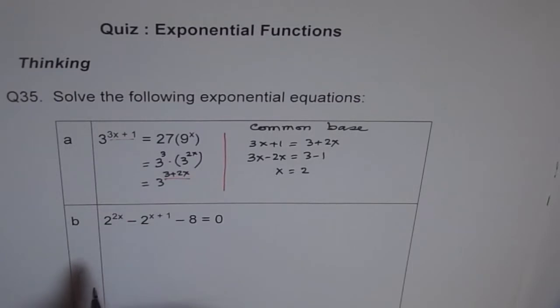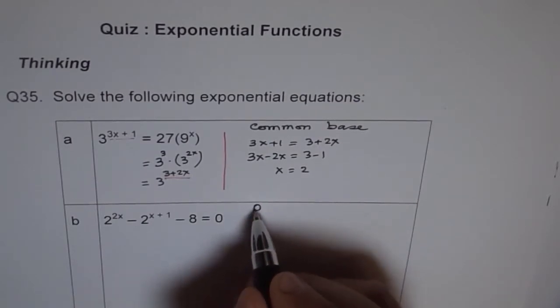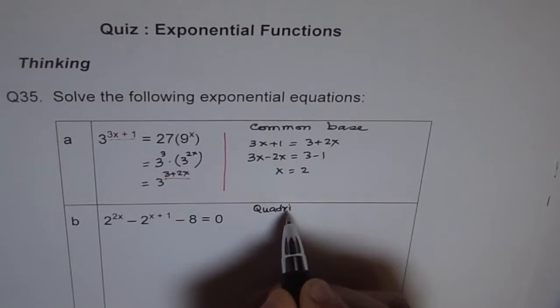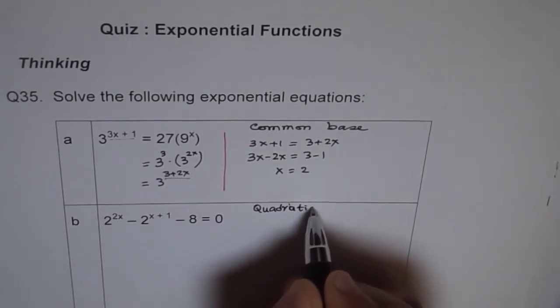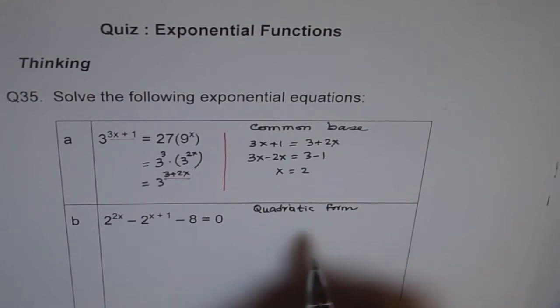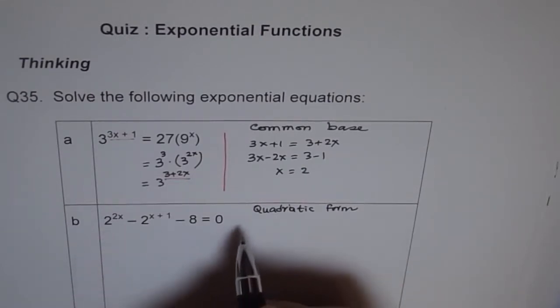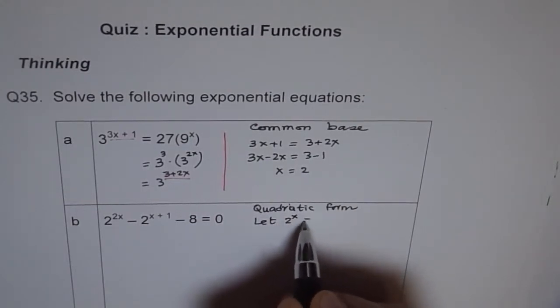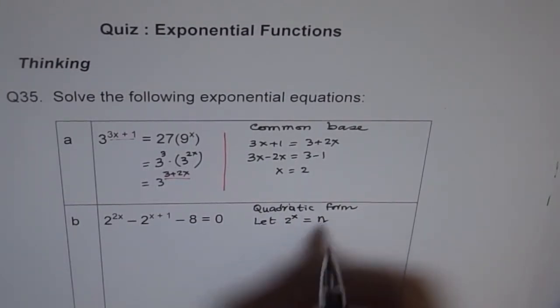Correct. Now here, we have an exponential equation which is kind of a quadratic form. So we call it a quadratic form. How? Let us define a variable. Let 2 to the power of x equal, let's say, a number n.